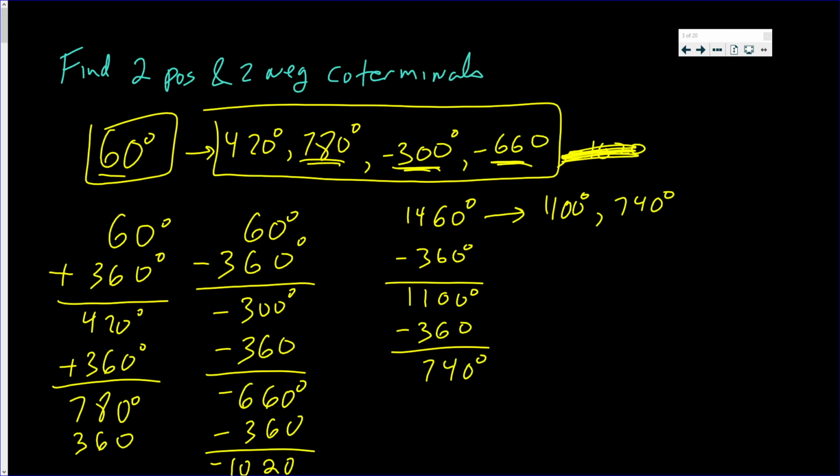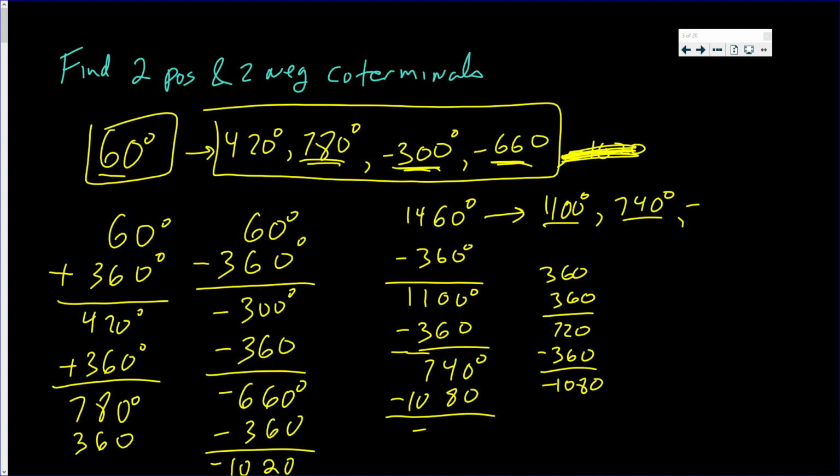Now I have my two positives, so I want to take away enough to get a negative. Well, 360 isn't more than this. I'm going to have to take away more than that. Another 360, that's 720. That's not more than 740. So I'm going to have to take away another 360, for a total of 1080.